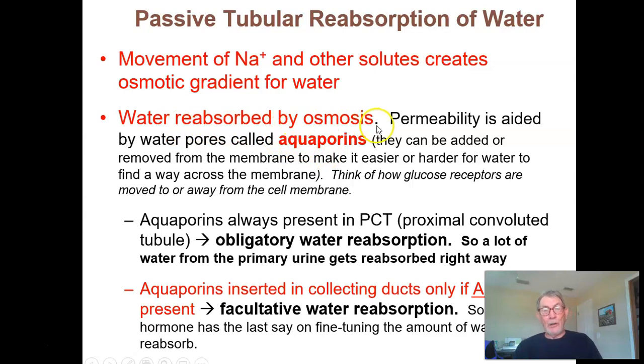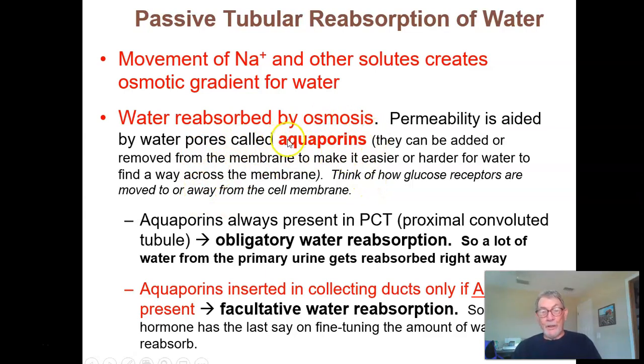Now those little channels that you can open and close in the kidney to make more or less water move are called aquaporins. They have a beautiful name, aquapores. So you open them in response to something like anti-diuretic hormone. It opens these guys up and prevents you from peeing out too much. Diuresis is losing water. Anti-diuresis means you're reabsorbing water.